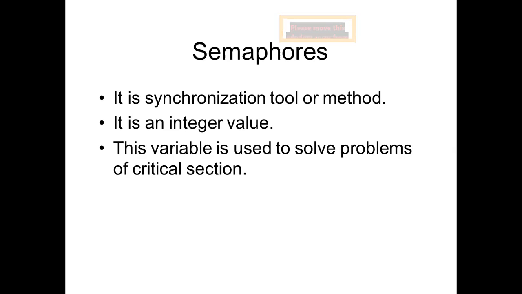As a result, it will use semaphores. With the help of the semaphore, the operating system will choose only one process at one time. So this acts as a variable with an integer value, and it is called a synchronization tool or method.